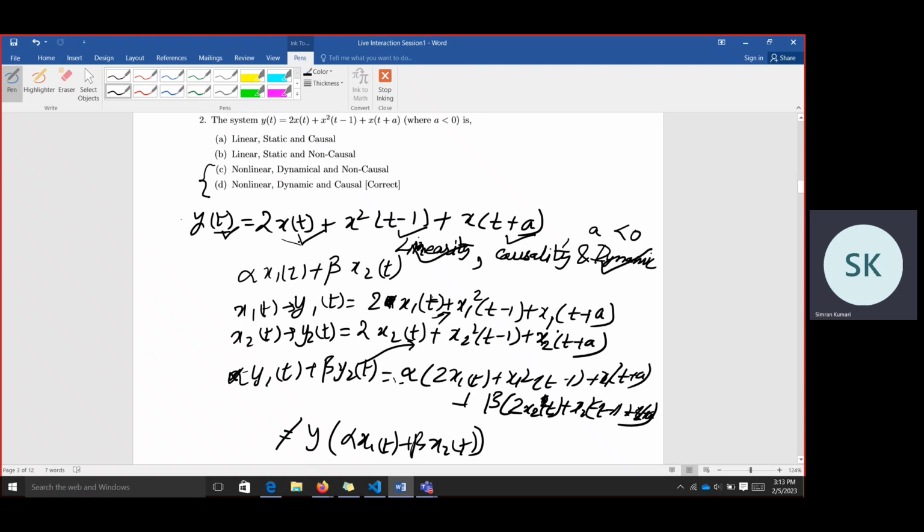So if we see, this output depends on present time t, then t minus 1, one time step prior, and then t plus a, where it is given that a is less than 0. So that means this is a delayed version of this one. So therefore, this is a causal system, and we got the answer, which is option D.